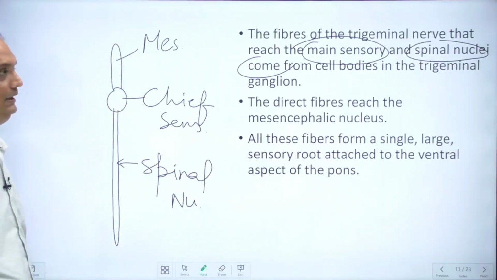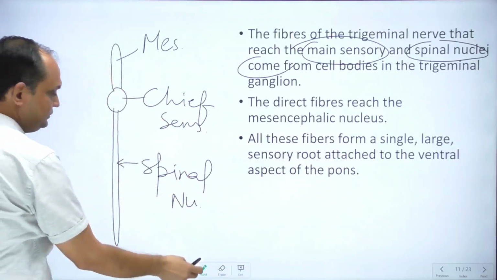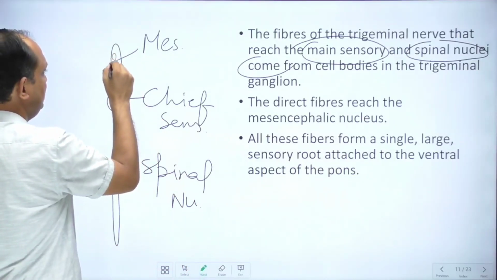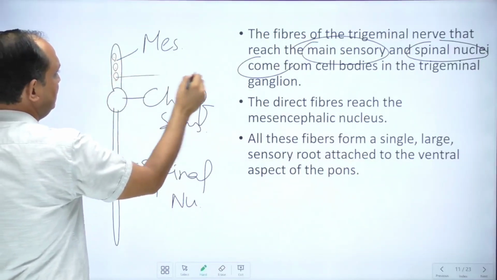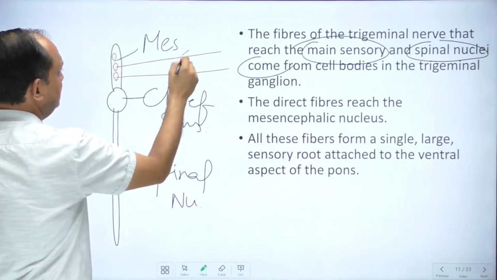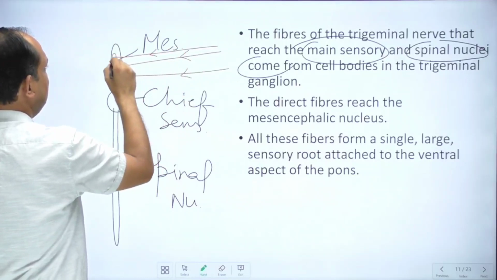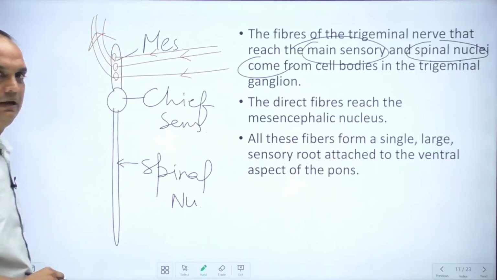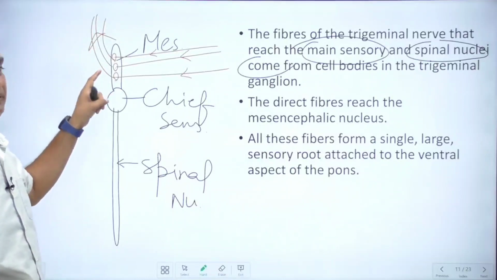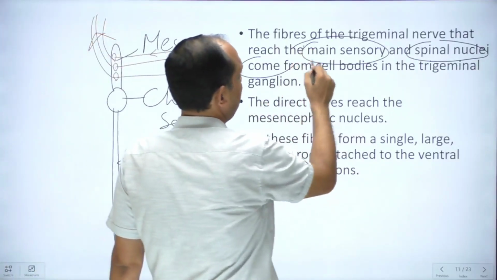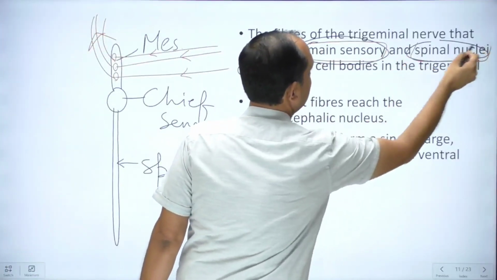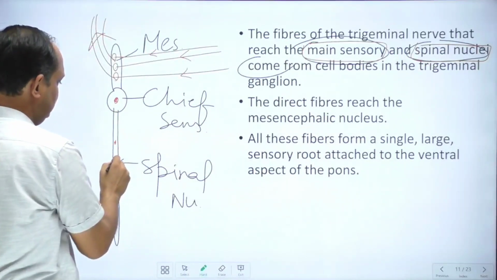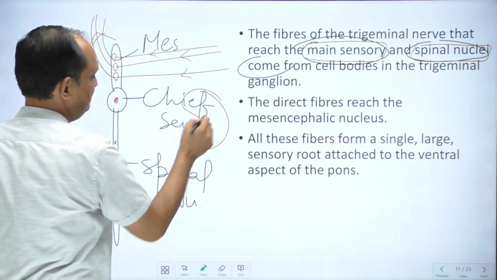Now the important thing is that the neurons present in the mesencephalic nucleus receive direct fibers, which then go upward into the brain, and these are for proprioception. But for the main sensory or chief sensory and spinal nucleus, you receive the fibers in these neurons from the trigeminal ganglia.